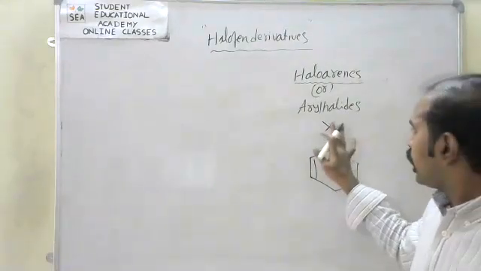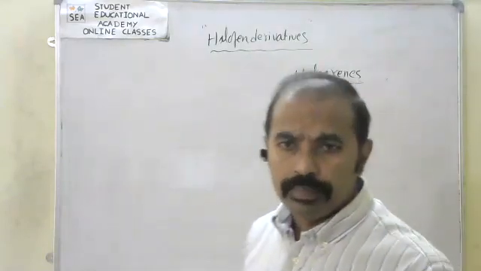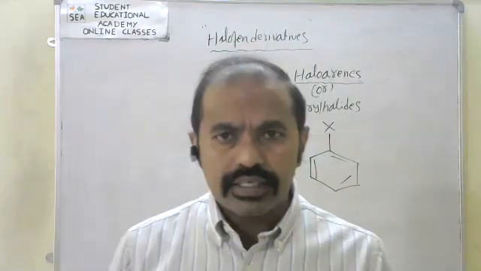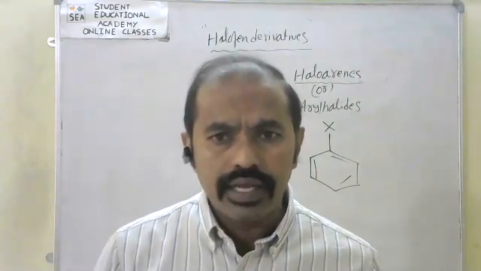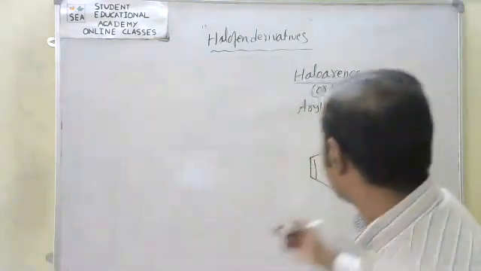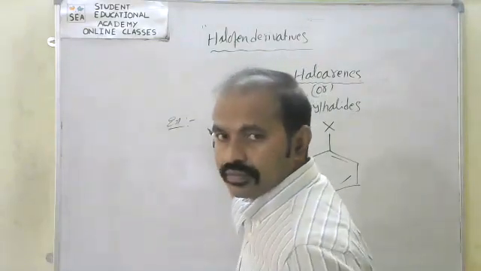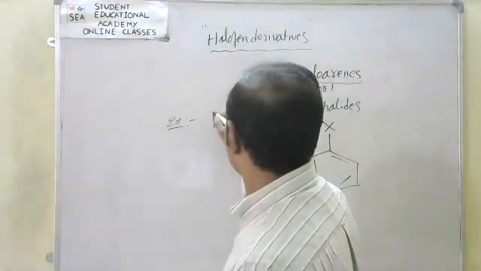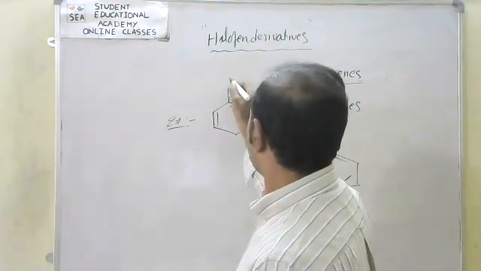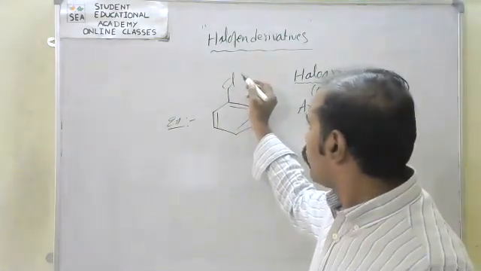So the main thing here is that compounds with the halogen directly bonded to the benzene ring are called haloarenes. These are also nothing but halogen derivatives of arenes. For example, say I have taken benzene having chlorine.